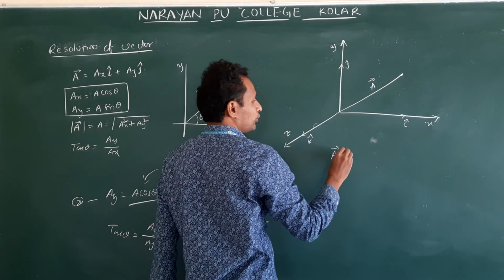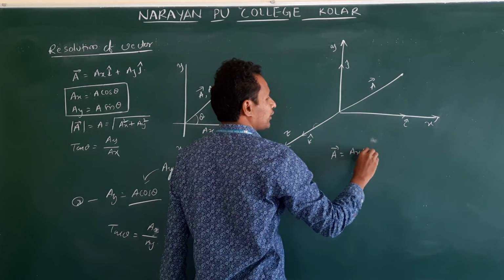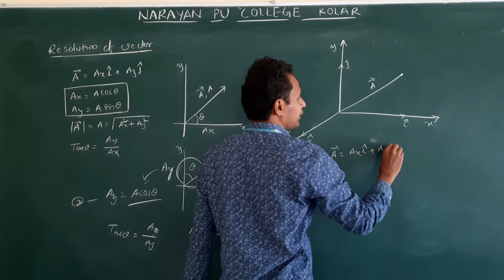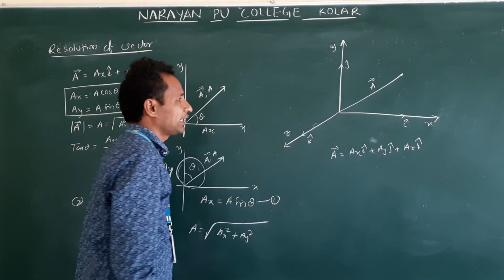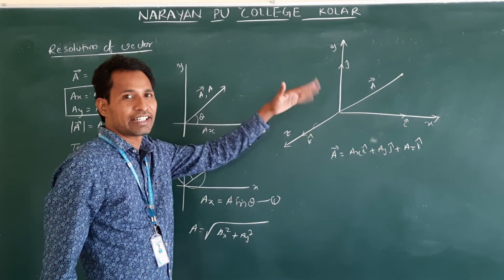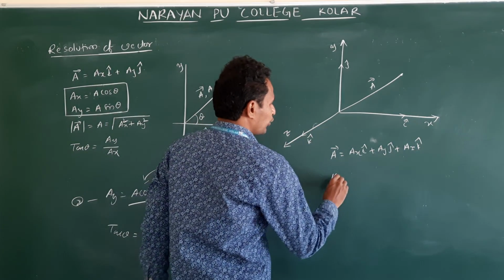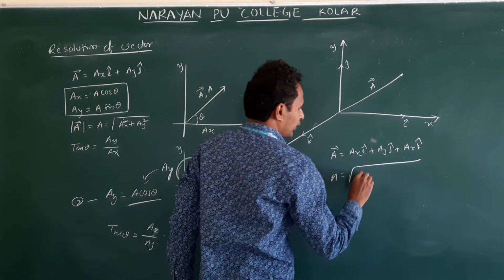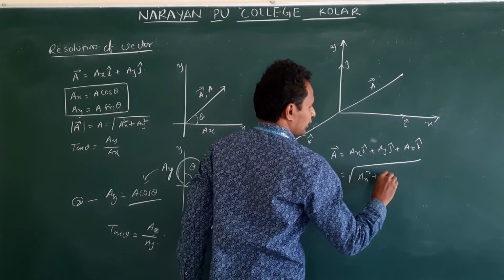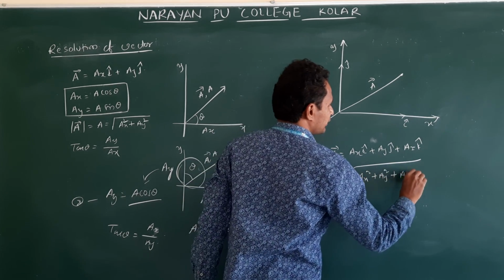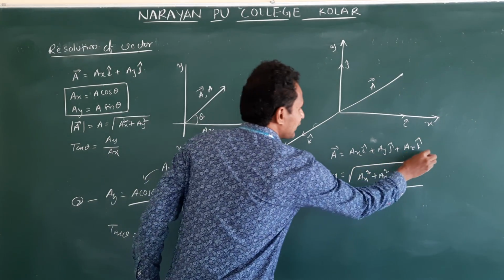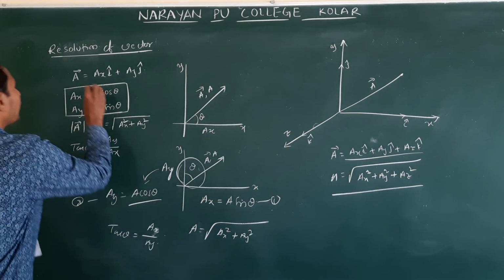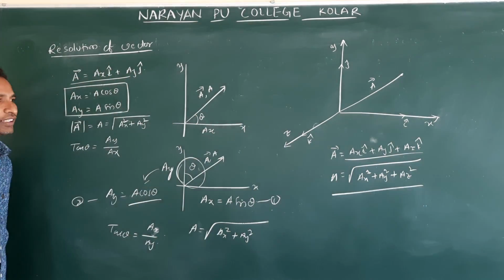A is equal to ax i cap plus ay j cap plus az k cap, because it has components along three directions. Then the magnitude is the square root of ax square plus ay square plus az square. This we call a three-dimensional vector, and this we call a two-dimensional vector.